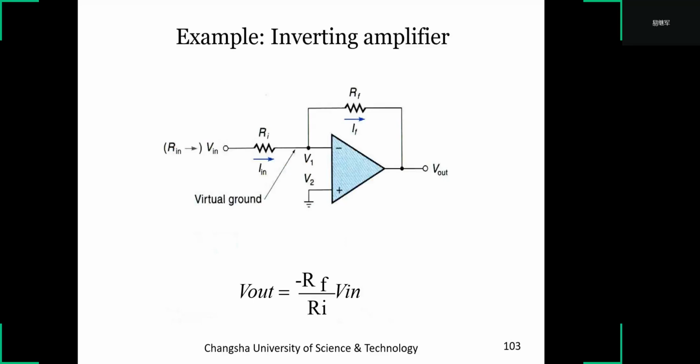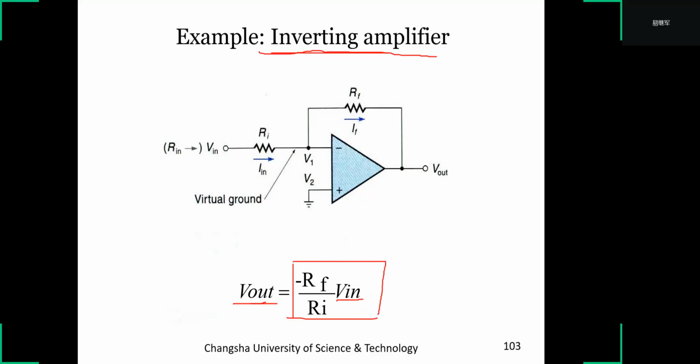This is an application for the amplifier. This is an inverting amplifier. It's the relationship between Vout and Vin.